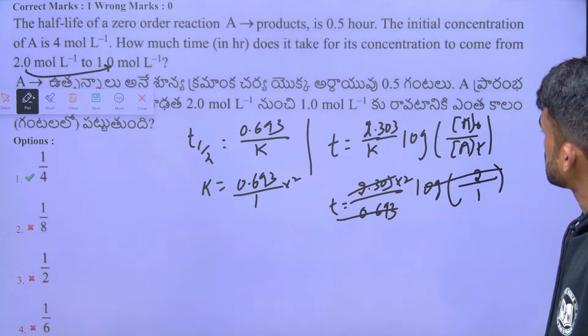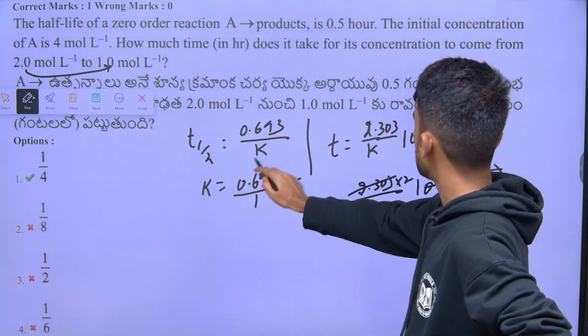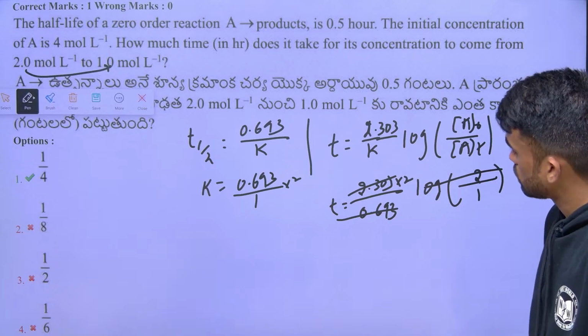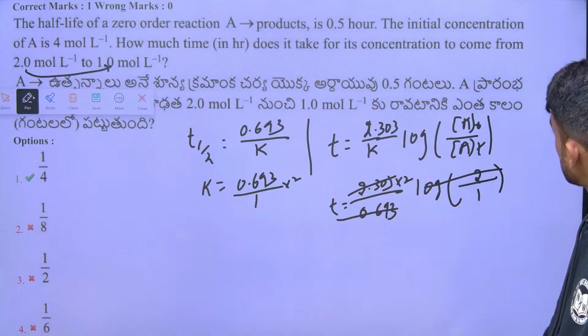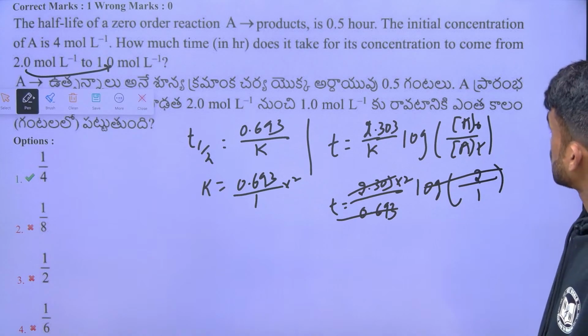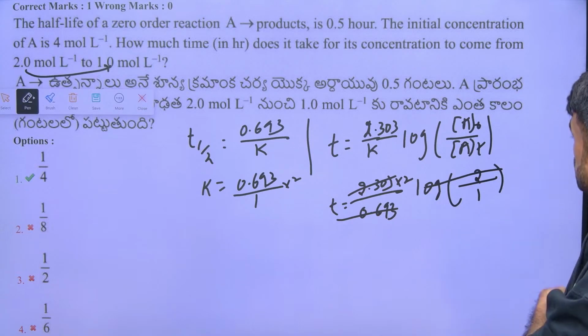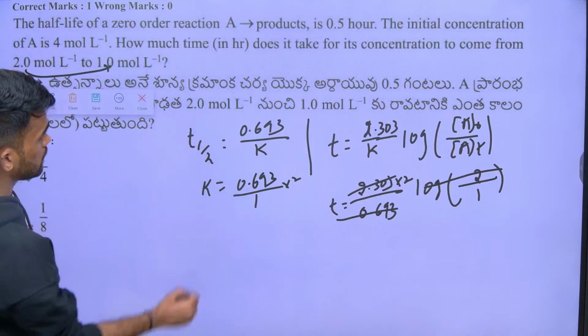Let us check once again. So 2.303 by K, and K is how much? 0.693 by T half, where T half is given as 0.5.